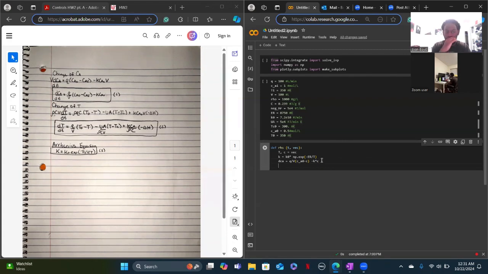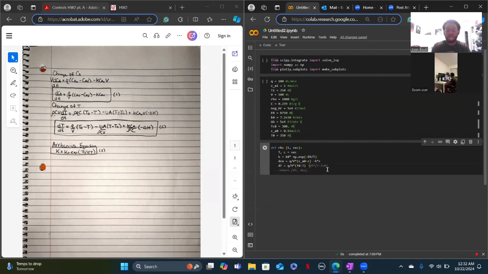Okay. Next, we will put in our change in temperature. So dT, and this is equal to flow divided by our volume, and then times, let me put times here, forgot that as well, our initial temperature minus our final temperature, which we would be finding.